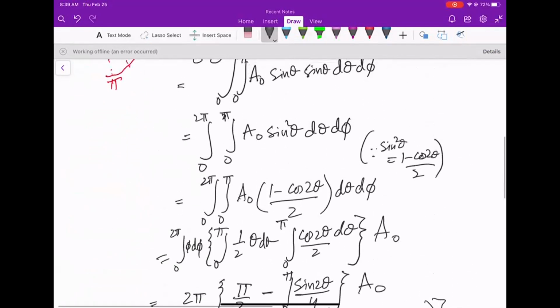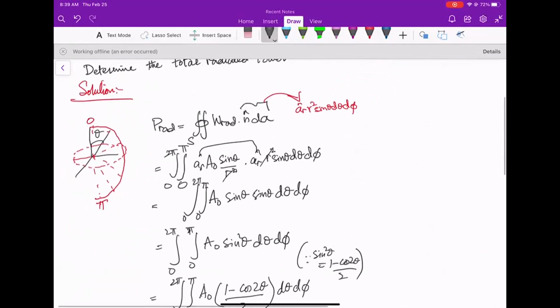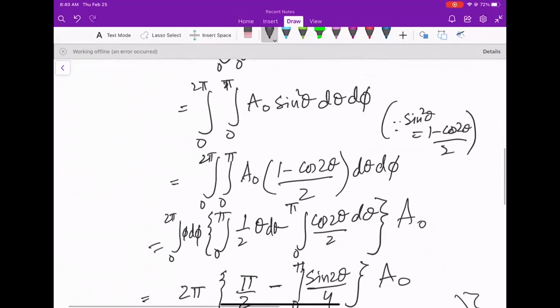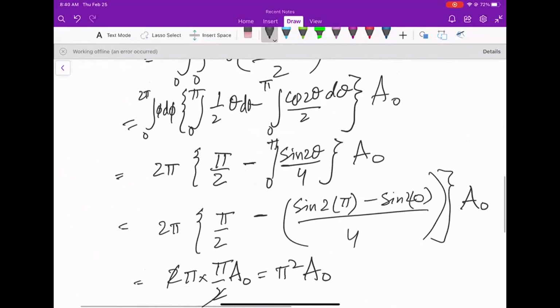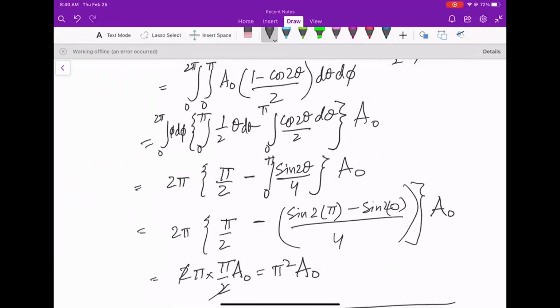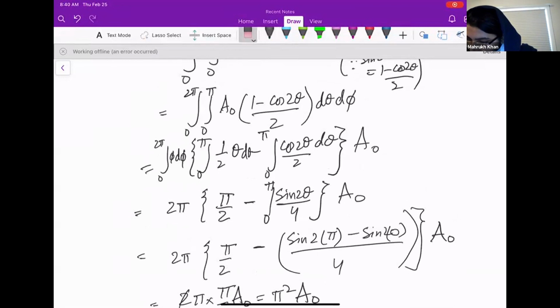Professor, I actually have a question. Yes. I'm not sure if I missed something, but did you pull out an extra phi, or when you pulled out the integral from 0 to 2 pi? Oh, yes, that's right. One minute. I should not write it like this. I should write it like this.